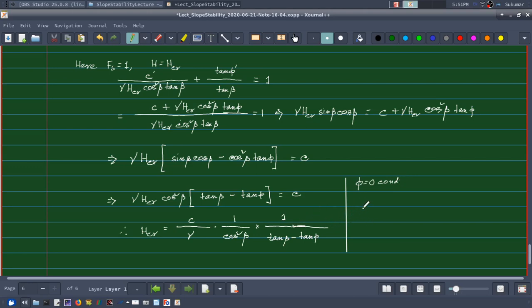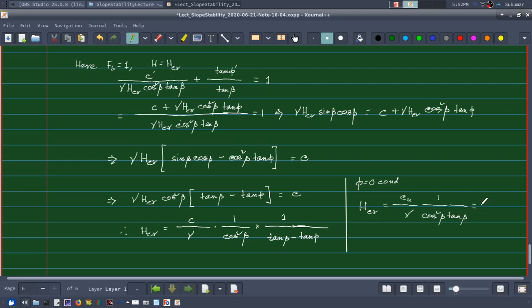In that case, H critical will be Cu by gamma, undrained cohesion by gamma, times 1 upon cos square beta into tan beta, and this is nothing but sin beta cos beta.